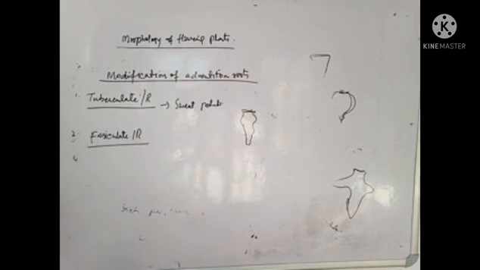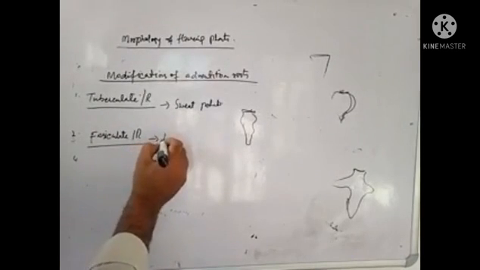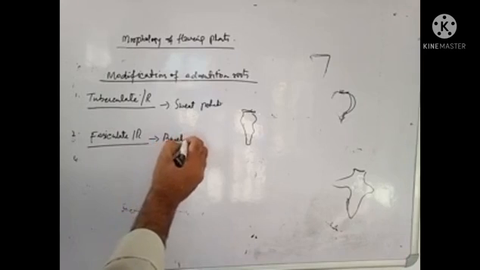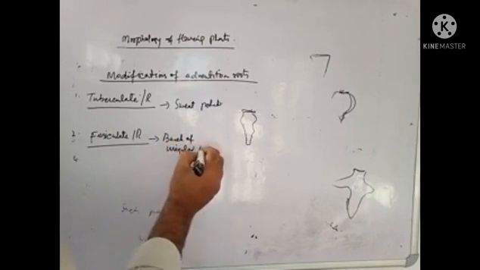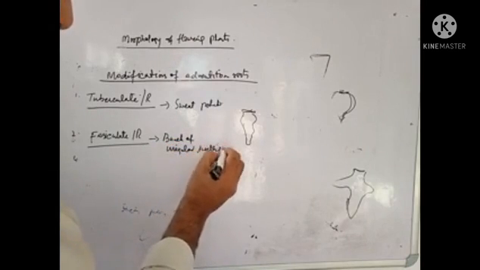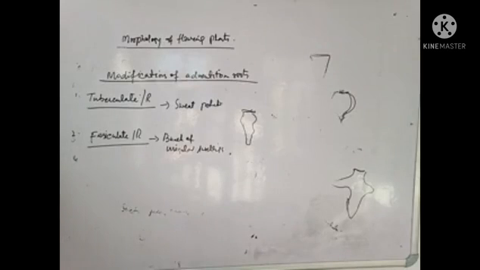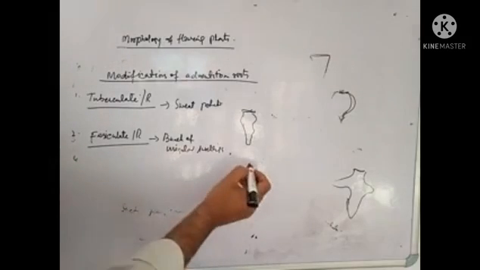Fasciculate roots are a bunch of irregular swellings. We'll draw its structure like this.